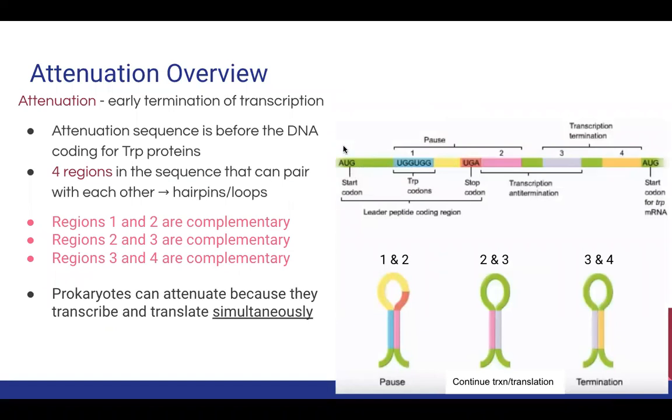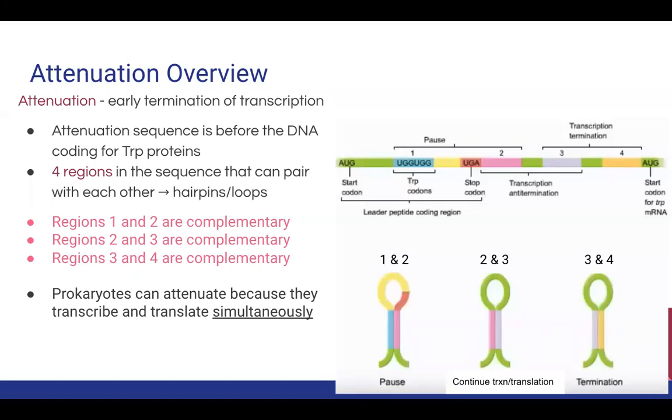But then it's going to reach a point, RNA polymerase, going down the DNA after this region, and then it's going to reach this region over here, which codes for 2 trp codons. And once that has been transcribed and there's an mRNA transcript there, the ribosome is following behind it.